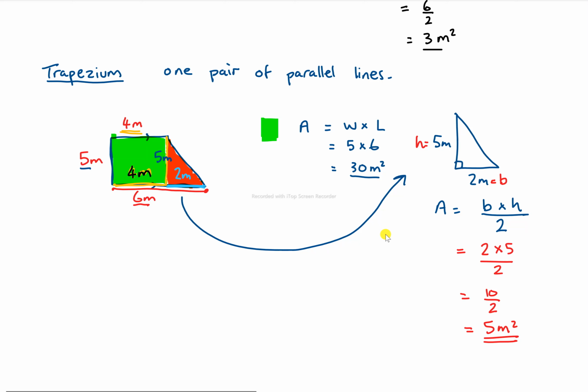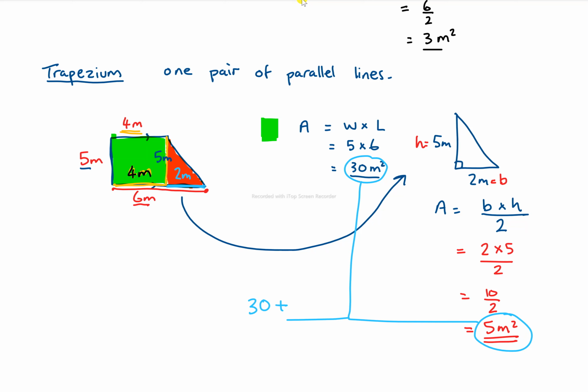Right, now, what is the total area? So I need to add this and this. That is 30 plus 5 equals 35 square meters. Oh, no, that looks messy.